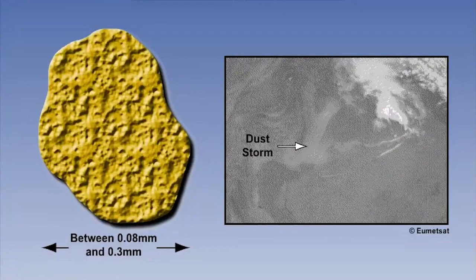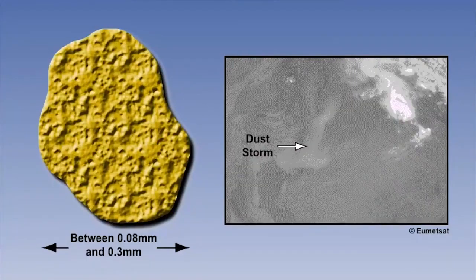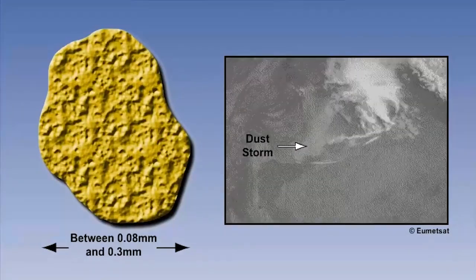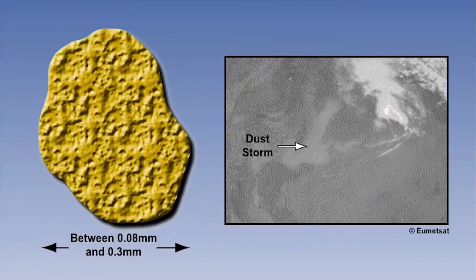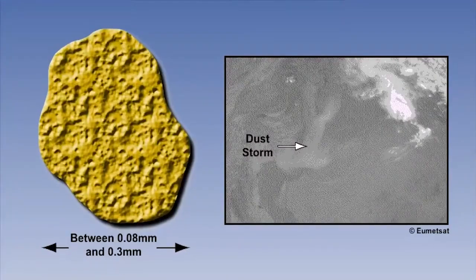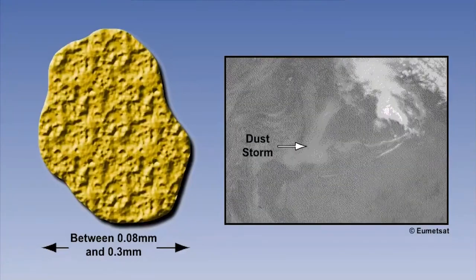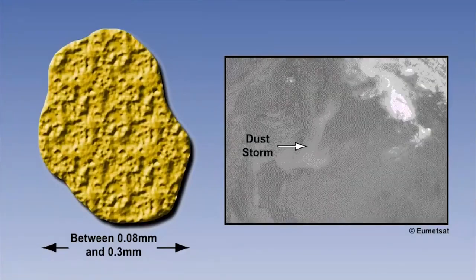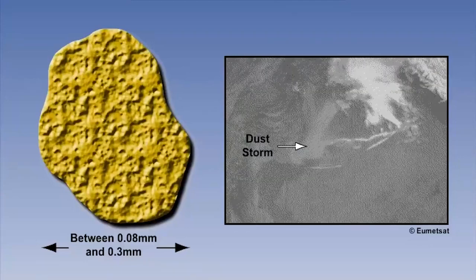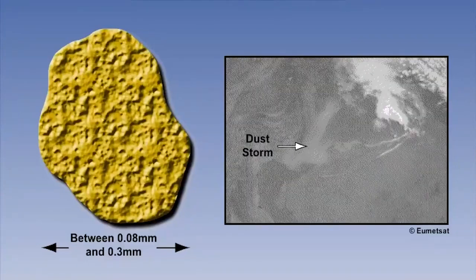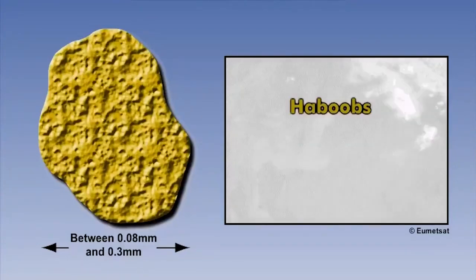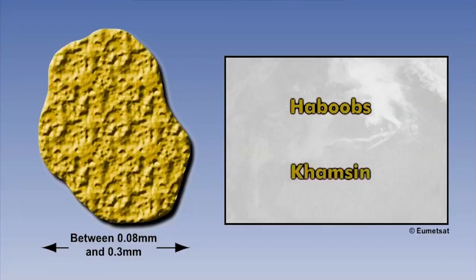Strong winds are required, usually in excess of 20 knots at the surface, and so they are more common through the day, due to the diurnal variation of wind. The visibility in these phenomena is usually well below 1,000 meters. Examples are haboobs and the Khamsin, but we look at these in more detail later.